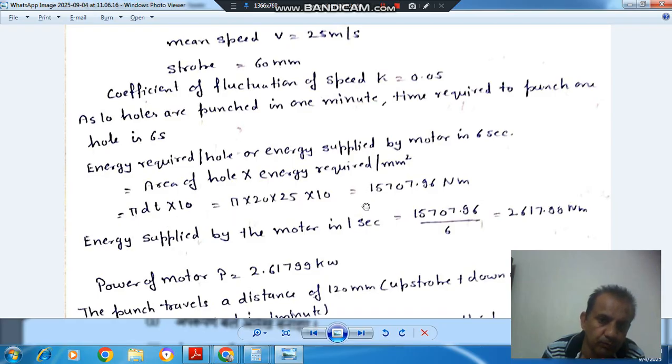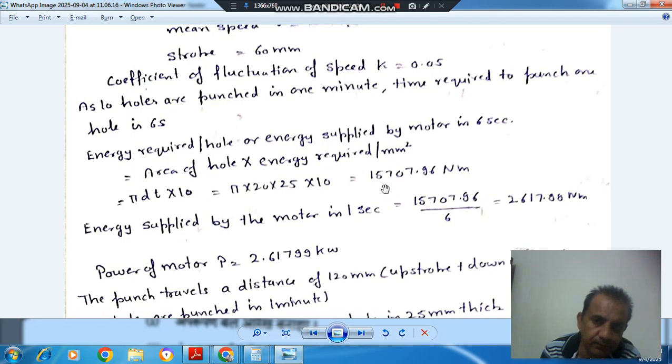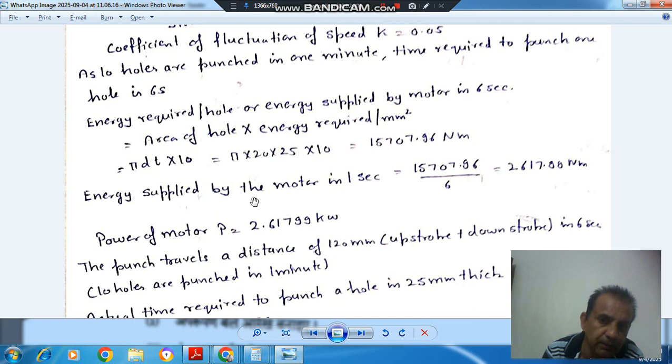From this we get the energy required for one hole as 15707.96 Newton meter, and that energy is required in 6 seconds. So energy supplied by the motor in 1 second is divided by 6, that is 2617.99 Newton meter, or we can say the power of the motor is 2.61799 kilowatt.